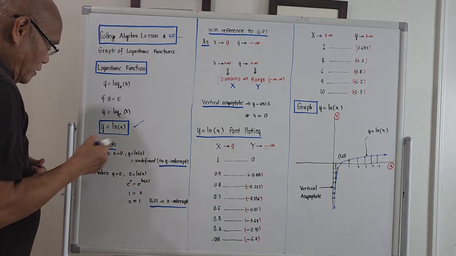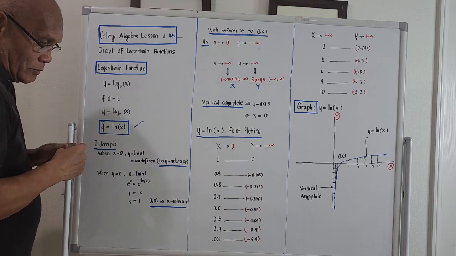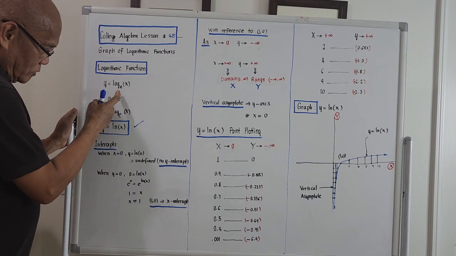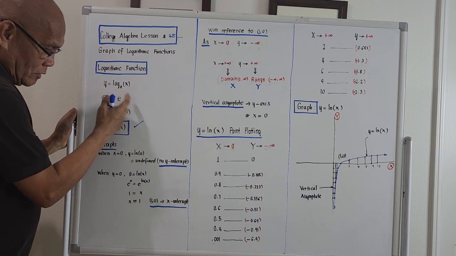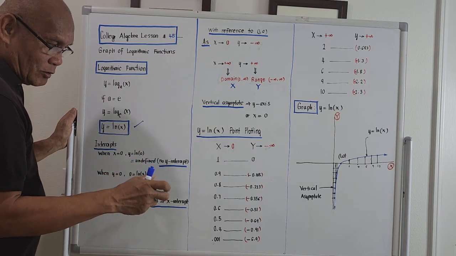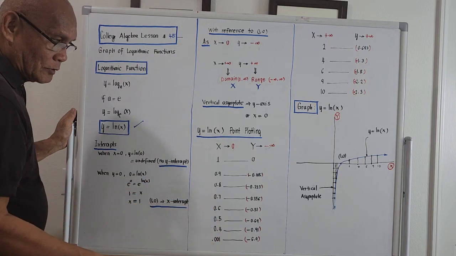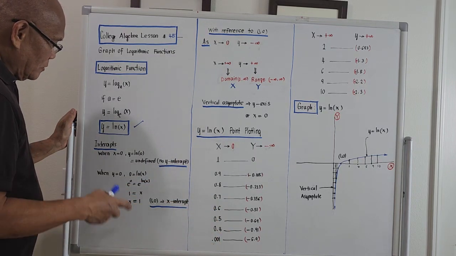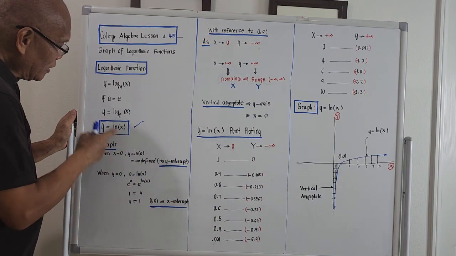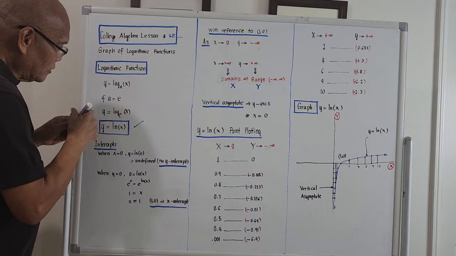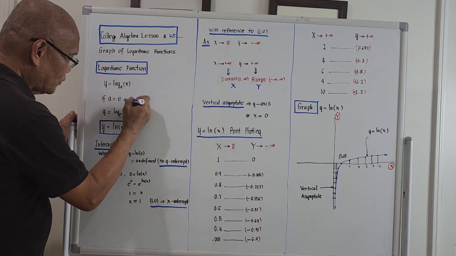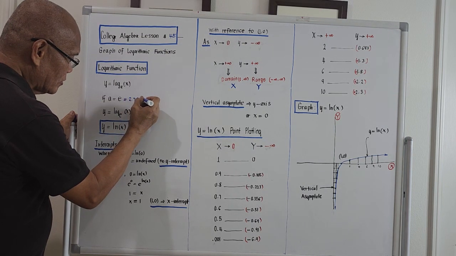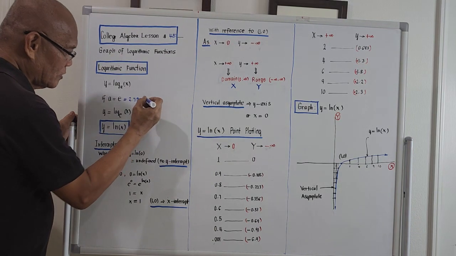If originally we are given the logarithmic equation y equal to the logarithm of x with the base of a, where a could take a real value. For tonight, if we let a equal to e, and this value is approximately 2.718288183, something like that.